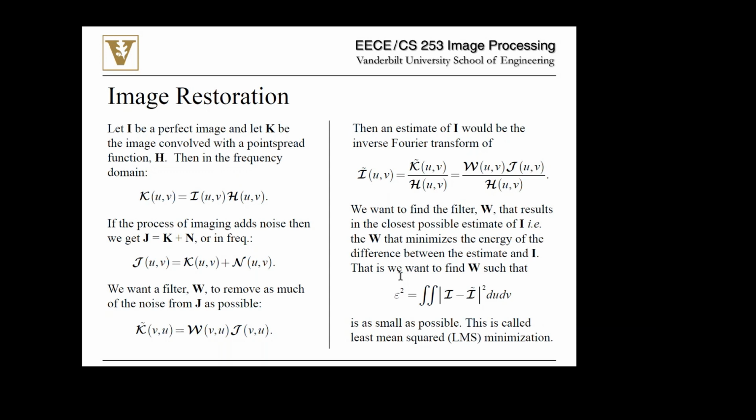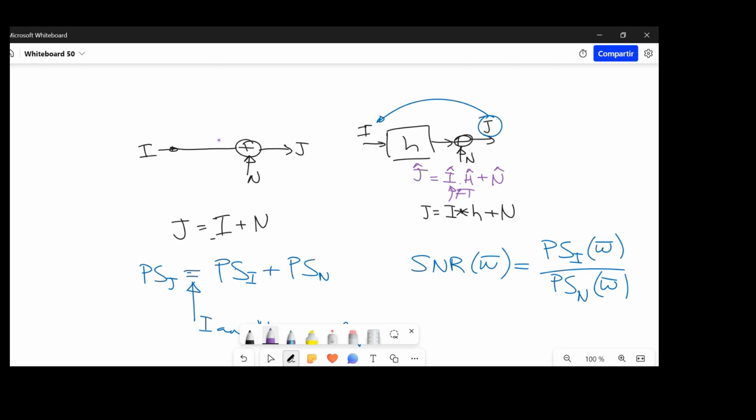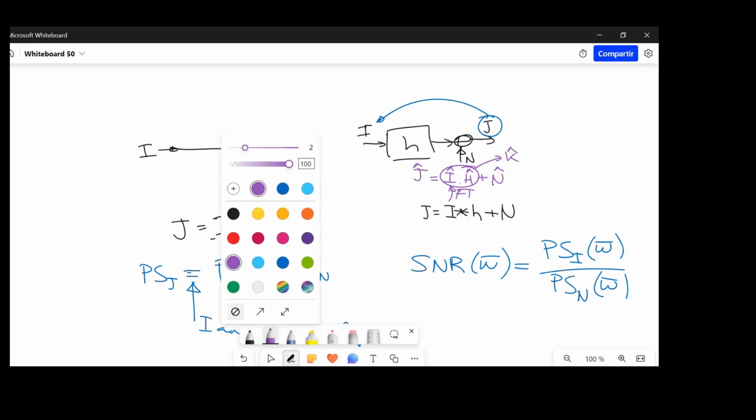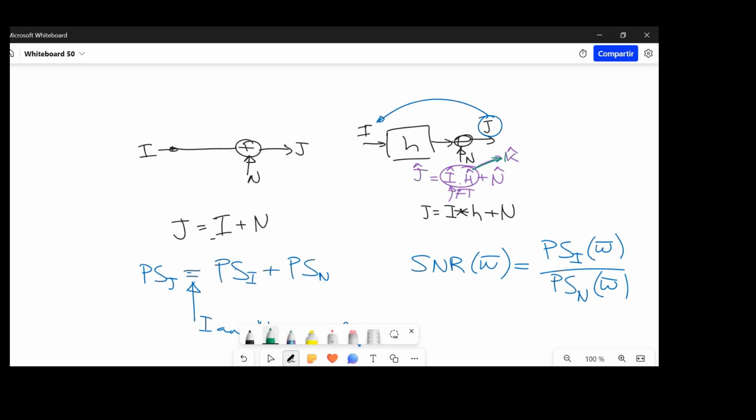For recovering, what we will do is follow this path. Let's say that we call this one here K. And then if we call it K, the new system is K plus noise.